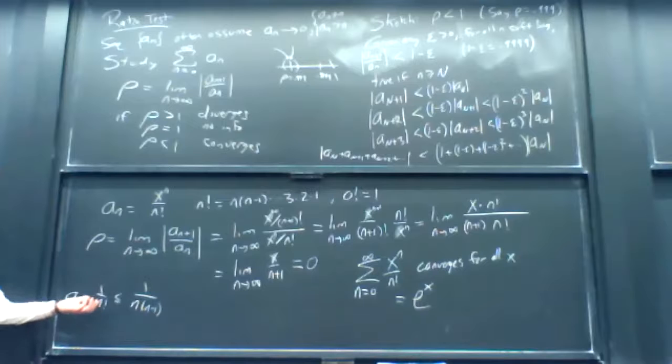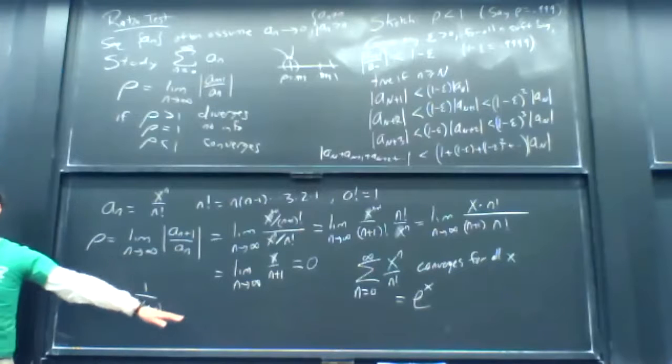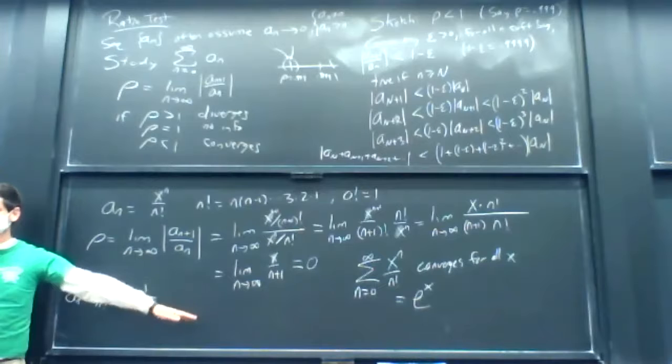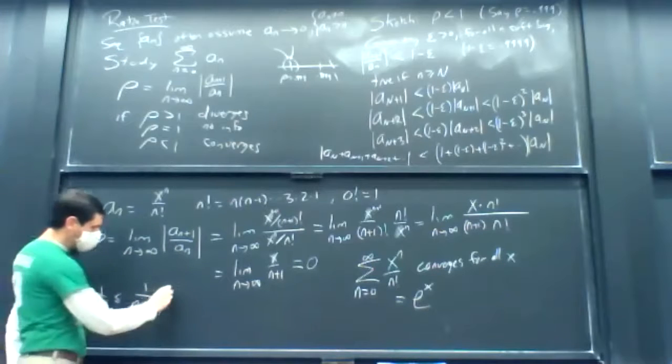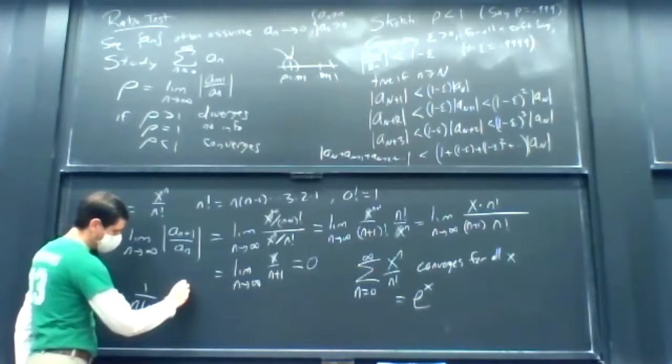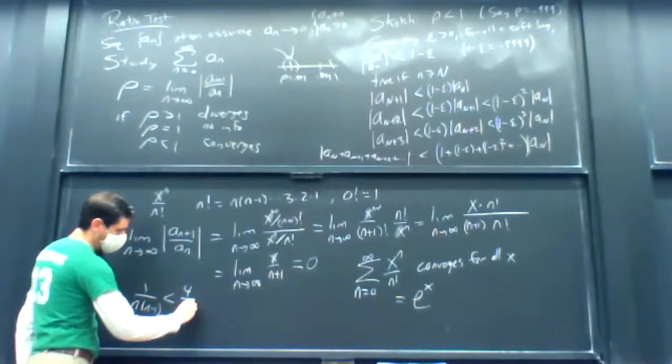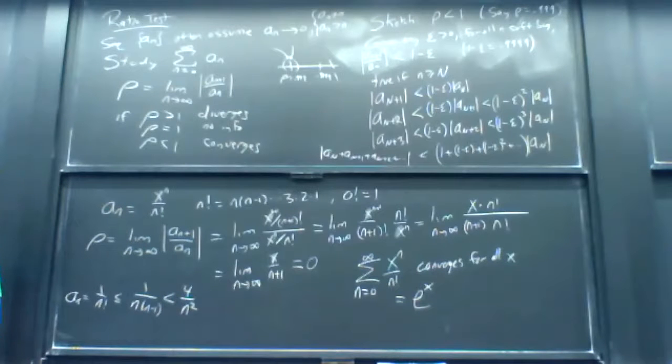Does everyone agree that when n is large, this is going to be less than 1 over n minus 1? Because I'm not including the n minus 2, n minus 3, n minus 4. There's a lot more terms. So this is going to be less than, if you do a little bit of algebra, 4 over n squared if n is large.